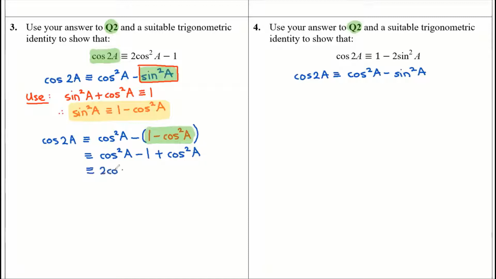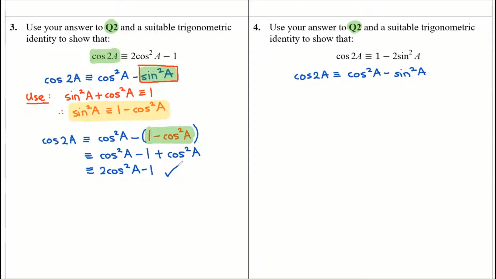So we now have 2 cos squared a, subtract 1, as required. So we have another representation of the cosine double angle identity. Again, if you didn't get that and you've seen this process now, please pause the video, have a go at number 4. If not, just go through the solutions together now.